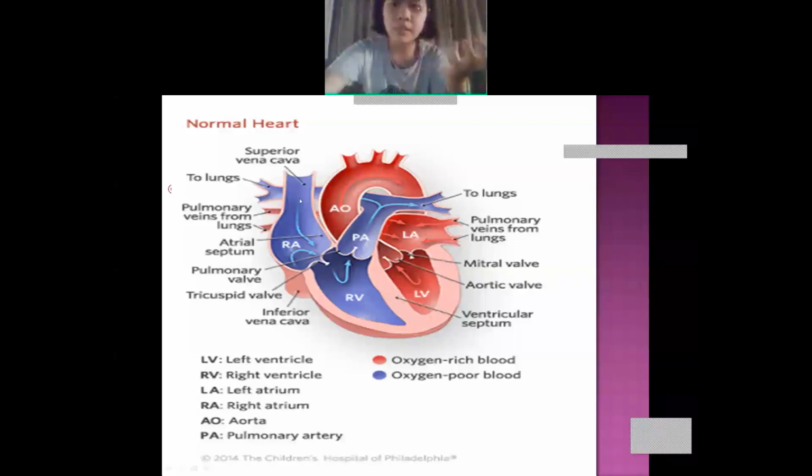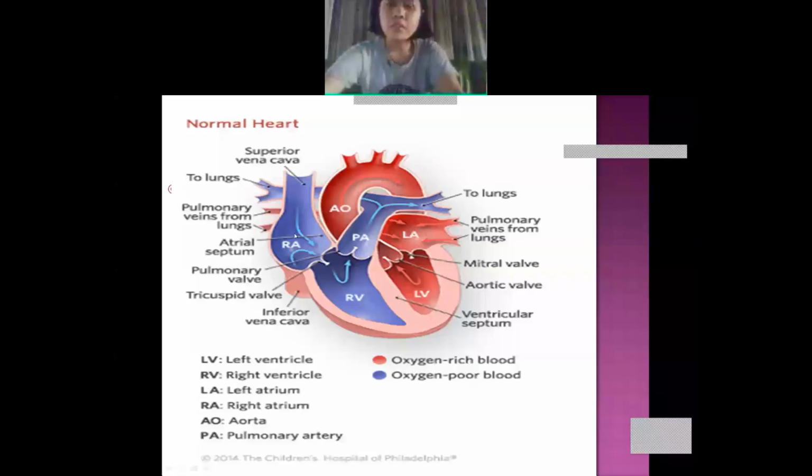Inferior vena cava means from your lower limbs, and this one is from the upper limb vessels. So the deoxygenated blood will come with the help of these two, superior vena cava and inferior vena cava, that is your veins.